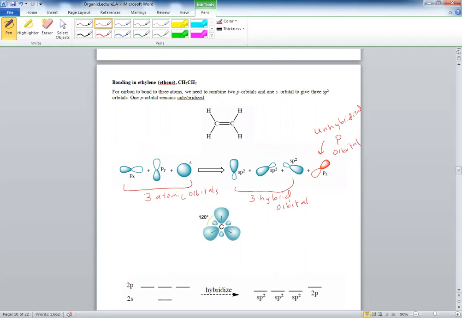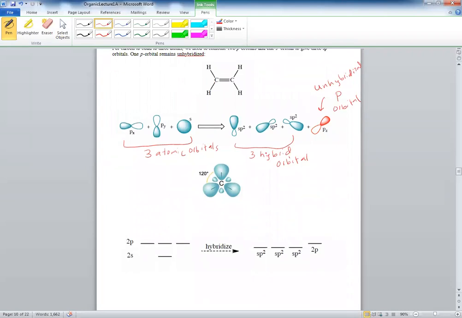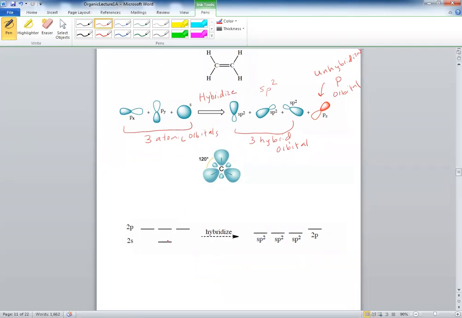So here are your hybrid orbitals, 3 of them. And these have a name. They're called sp2. What happens here is similar, not the same.